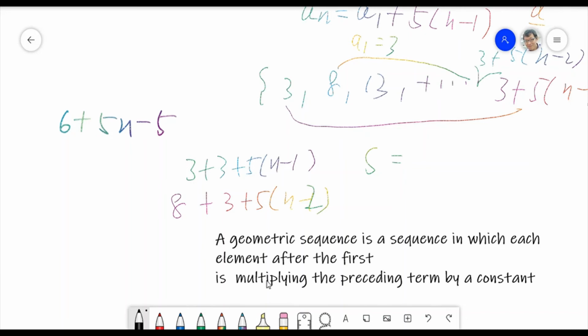So it can be 1 plus 5n. Am I right? And then let's see this one. So this is 11 plus 5n minus 10, right? 5n minus 10. So equals the same, 1 plus 5n. So right?